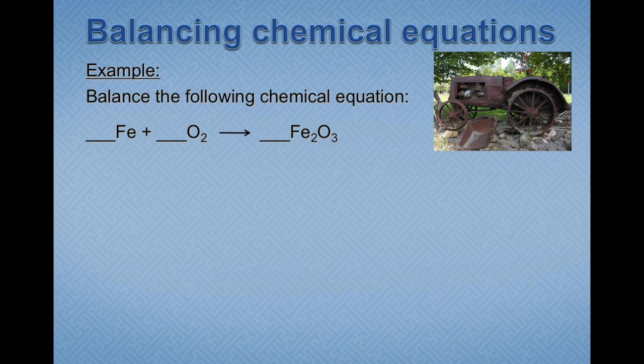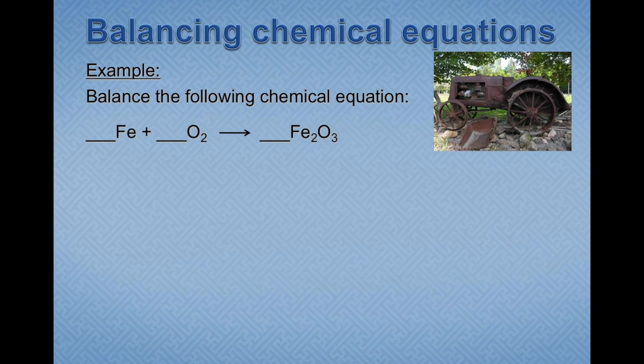Okay, we're now going to do a little bit more complicated example. This is a reaction of iron with oxygen to form iron oxide. This is the reaction that produces rust, and iron oxide is the reddish colored substance that you see on rusty objects. Looking at this equation, at first it doesn't look too hard, but if you look at the oxygen, there's O2 on the left, and then there's Fe2O3, so it's a 2 to 3 ratio.